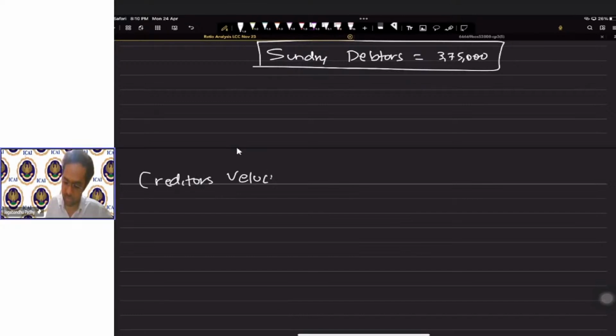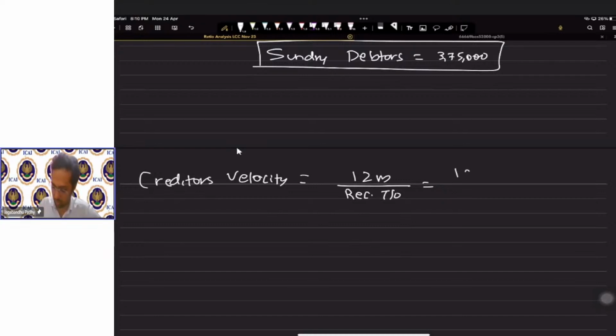Now, after this debtors velocity, let's look at the next part, which is creditors velocity, the creditors payment period. So this is 12 months divided by the payables turnover, which will be based on purchases.